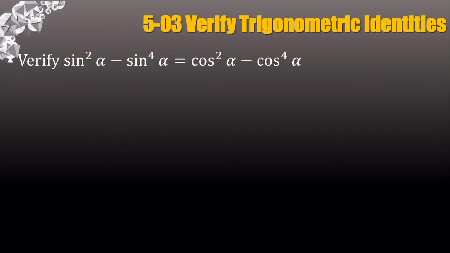Let's try this one. You look at which side's more complicated. They're equally complicated, so I'm going to start with the left side. Since they both have a sine squared on the left side, I think I'm going to factor out a sine squared, leaving 1 minus sine squared.